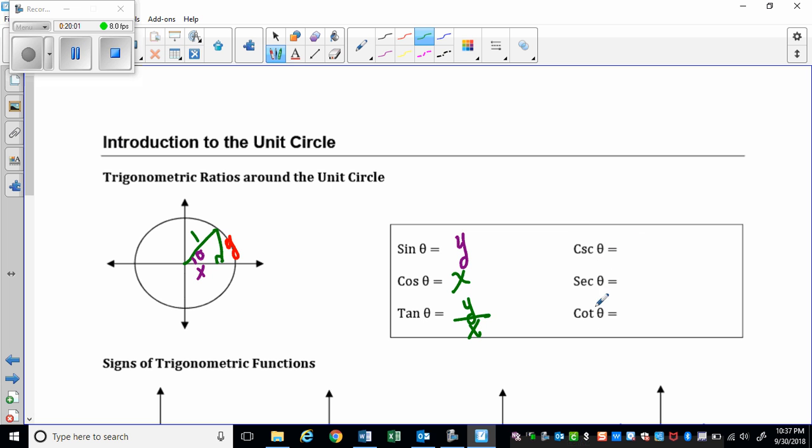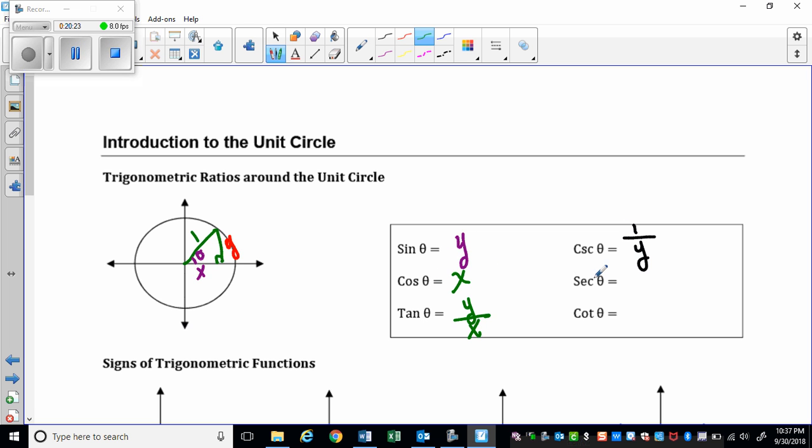Now these you may not be very familiar with. This is called cosecant, and cosecant is the reciprocal of sine. So instead of y, it's 1 over sine, or 1 over y. We'll usually just flip them. If sine is a fraction, like 3 over 4, we'll flip it to be 4 over 3.